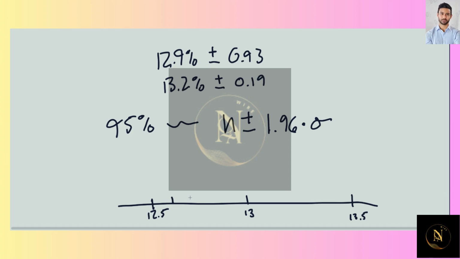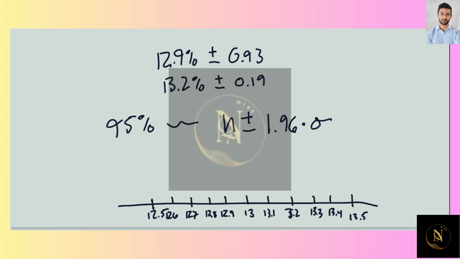And then, okay, so this is 13.1, 13.2, 13.3, 13.4, 12.6, 12.7, 12.8, and 12.9.